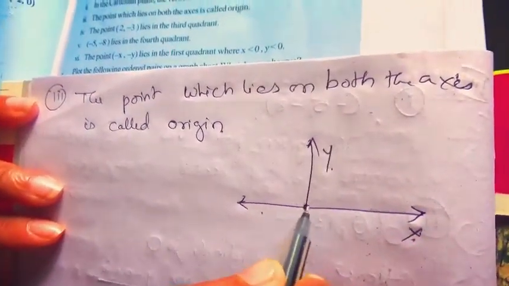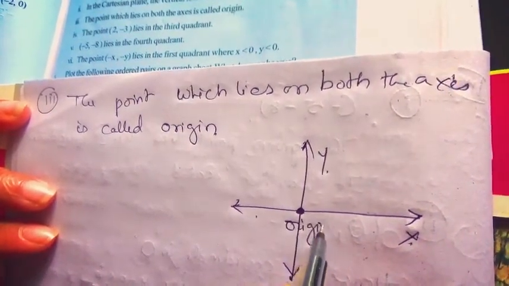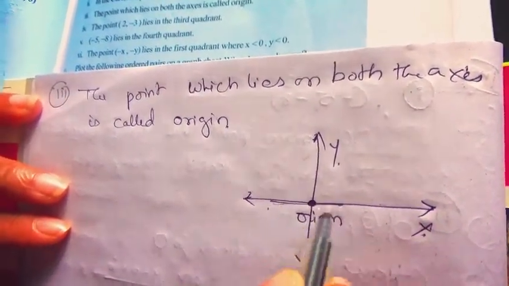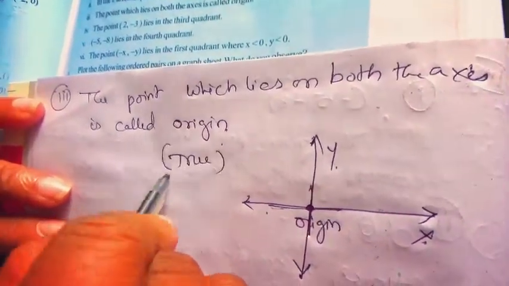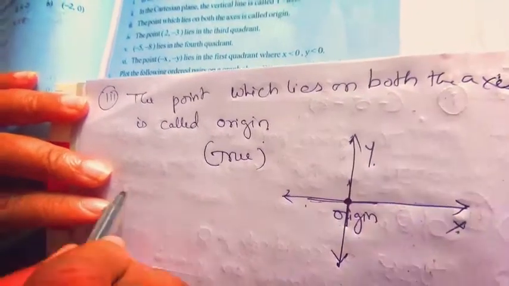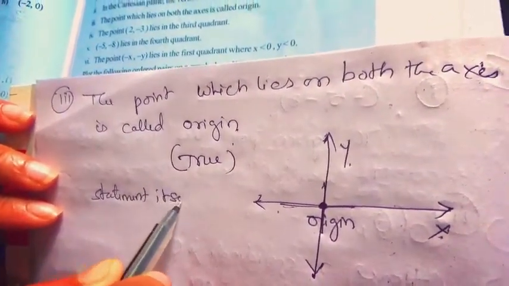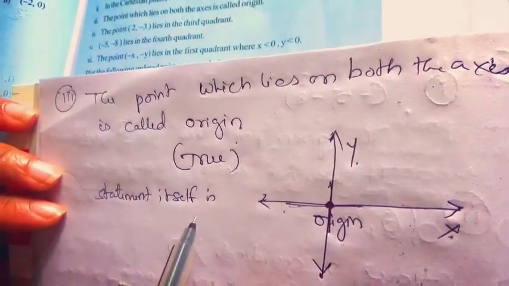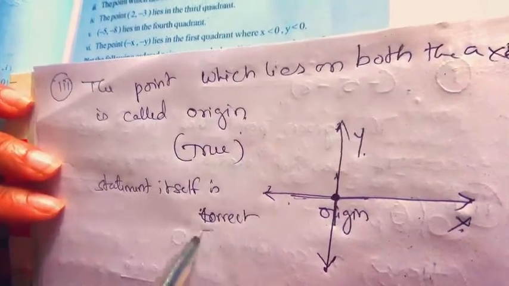The intersecting point we call the origin. The origin is located on both the x-axis as well as the y-axis. Yes, it is true. So here the statement itself is correct. Okay, that's it.